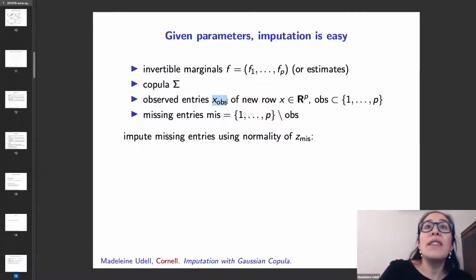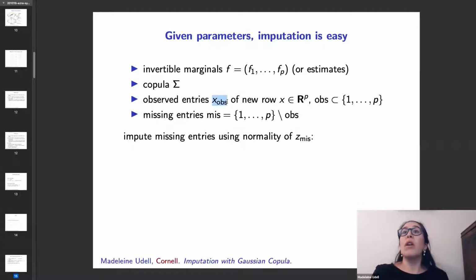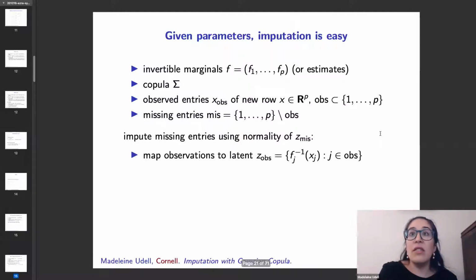Now let's suppose that I see some entries in a new row. I'll see the entries x_obs, where obs is a subset of the columns, and the missing entries are the remainder of the columns. So here's how I impute the missing entries using the normality of the latent vector Z. First I map the observed entries to latent entries, so some entries of this Gaussian vector.